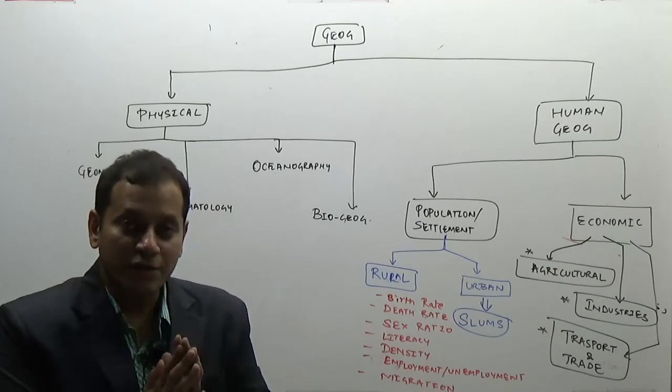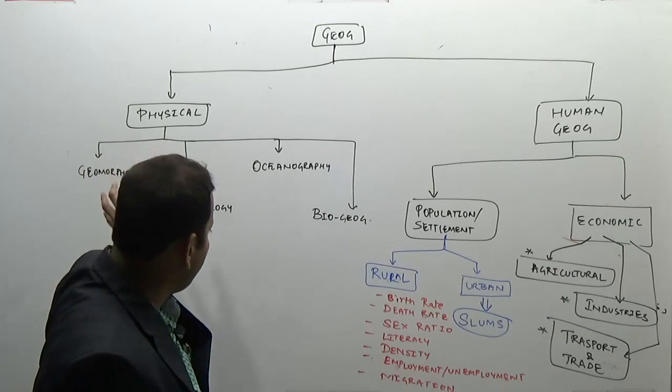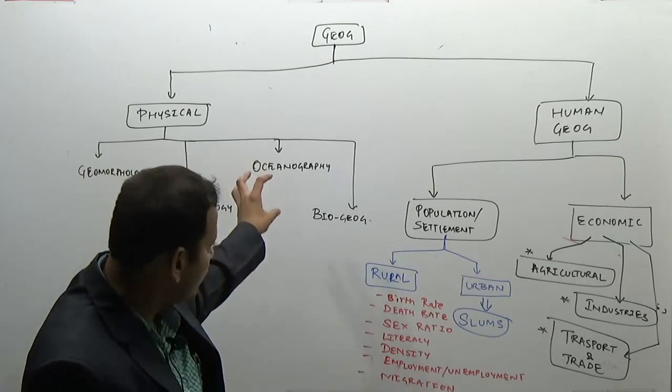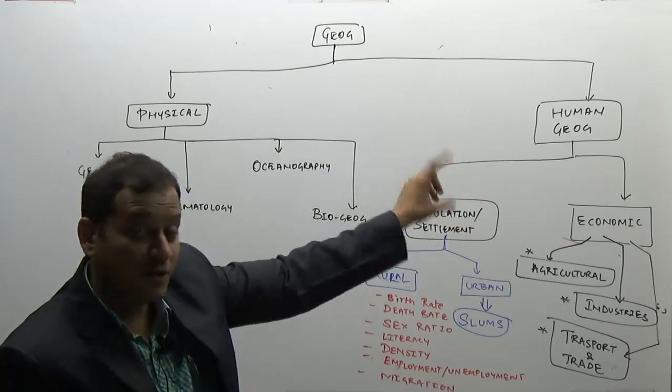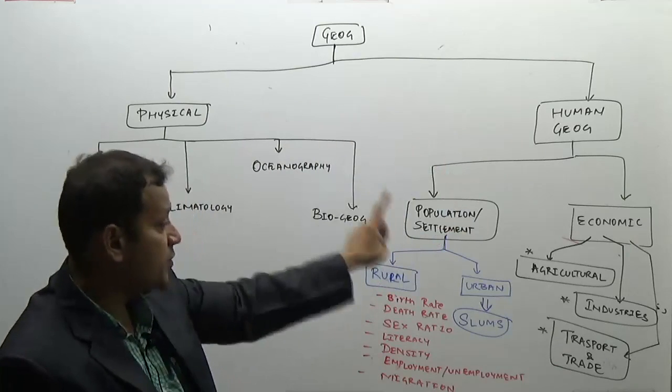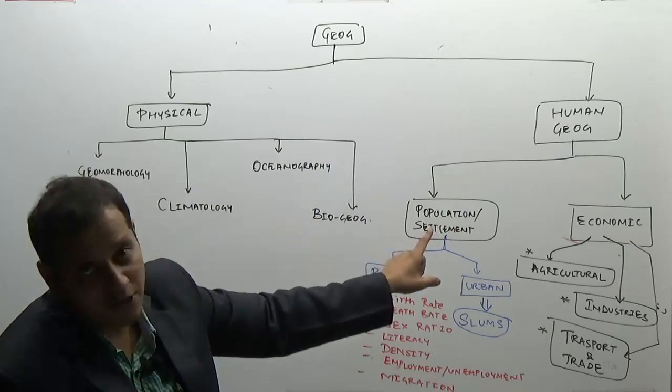So our study of geography will start first from physical geography, that is geomorphology, then climatology, oceanography, then biogeography. Then we'll come to the study of human geography of the world, in which we will study the major population or settlement geography and the major economic geography.